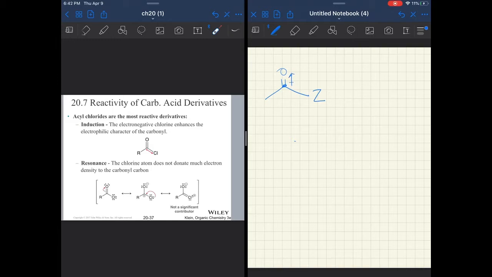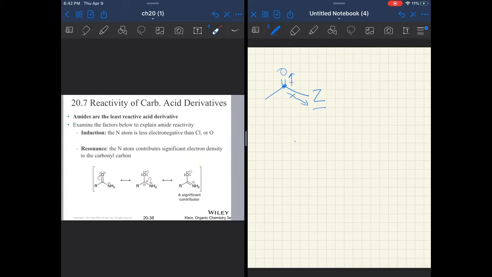We saw that with aldehydes and ketones, but it's even more so because instead of carbon and hydrogen on both sides, we've got some Z group, either a halogen, oxygen, or nitrogen, which is also going to be more electronegative than carbon. You also see, because the Z group will have lone pairs, an actual resonance structure that gives that full positive charge to that carbonyl.